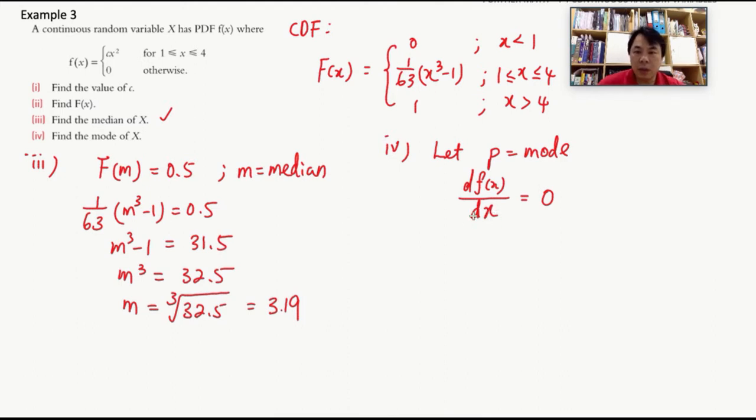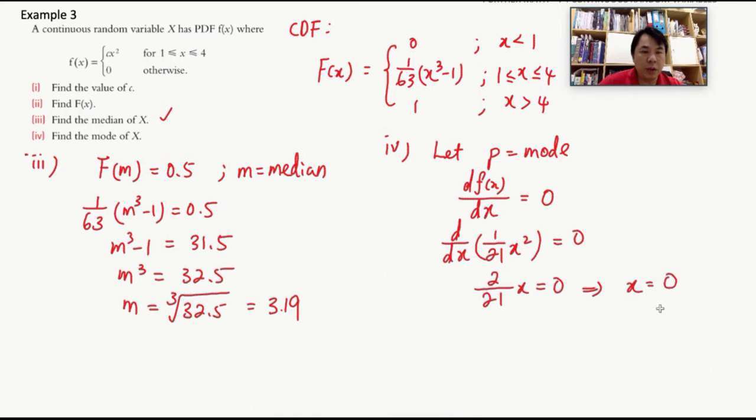So from here, df/dx is actually equal to 1 over 21 x squared. So again, to differentiate this, we will get 2 over 21 x is equal to 0. And then that directly yields x equal to 0. Now, this indicates that we have the highest value found at x equal to 0. Therefore, we can conclude that the mode, in this case given by p, is actually equal to 0 there.